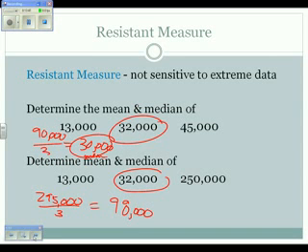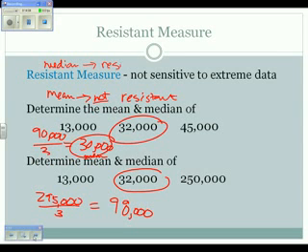So the mean is not resistant, and the median is resistant. Are there any questions on that?